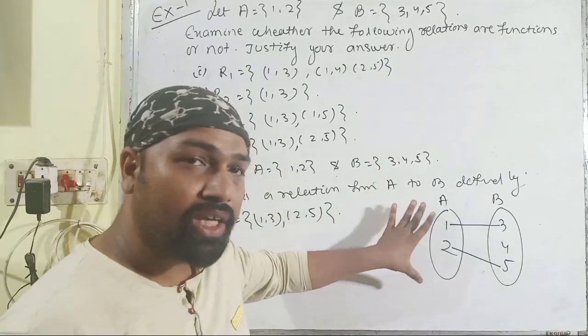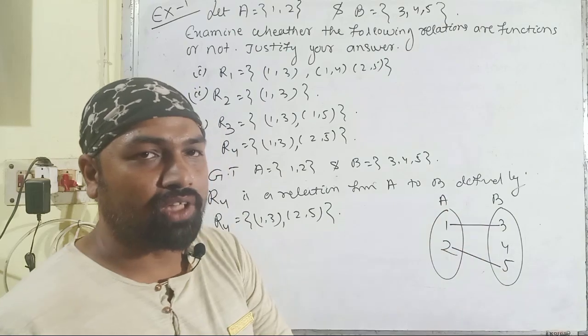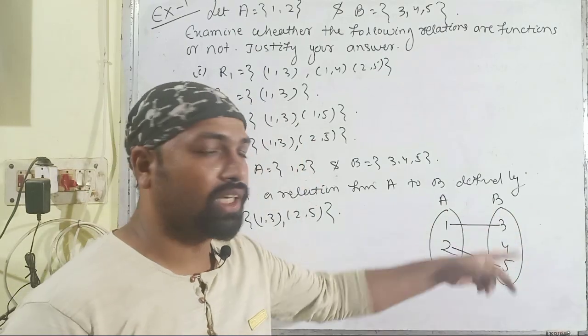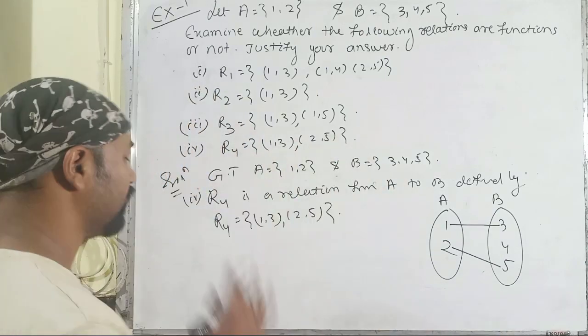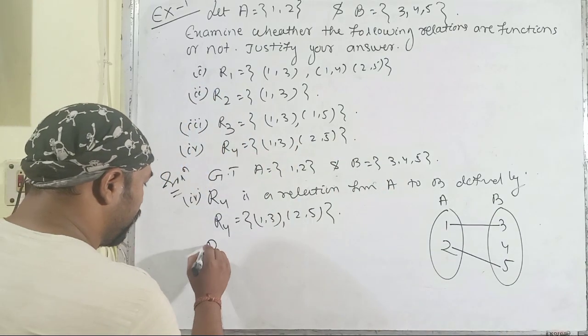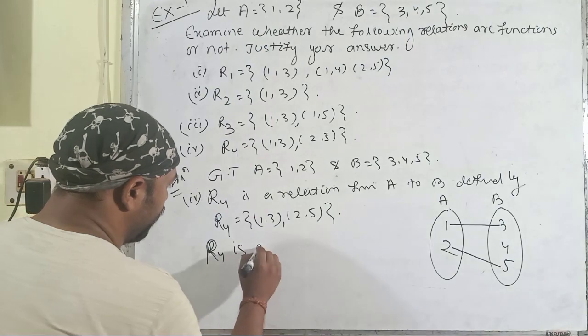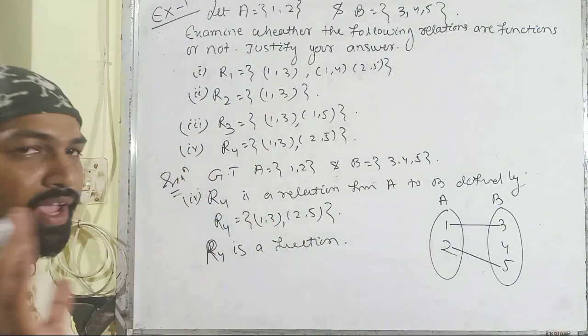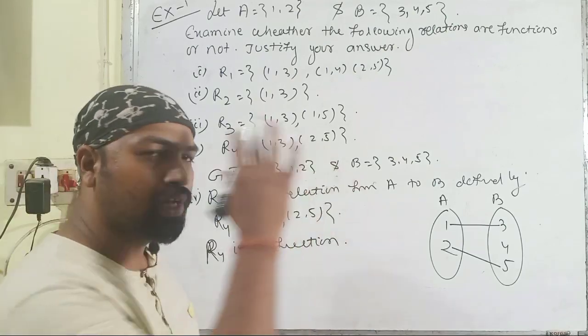So the remaining element 4 in the second set does not matter. So you can write down R4 is a function, and we don't have to justify anything here because this is a function.